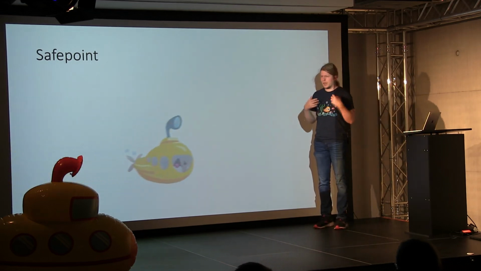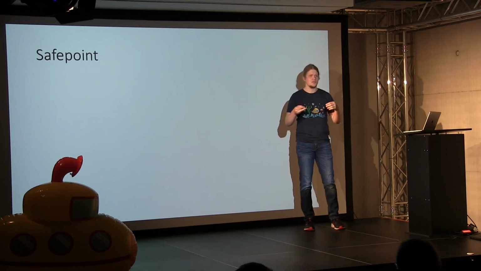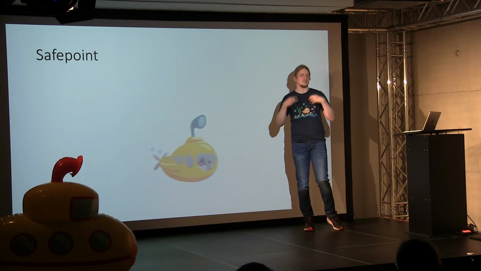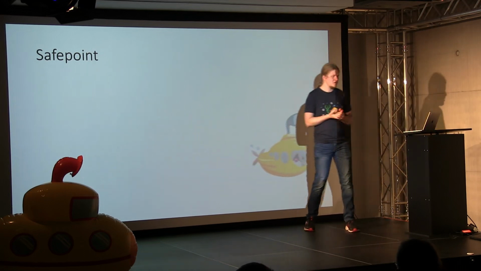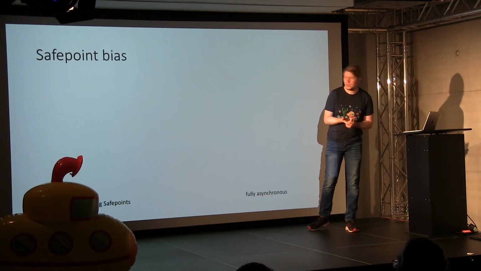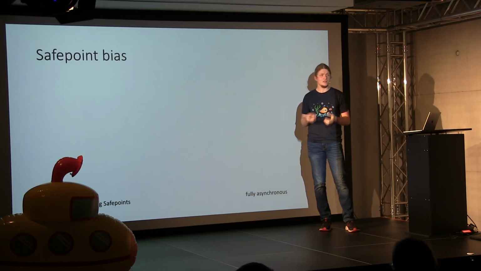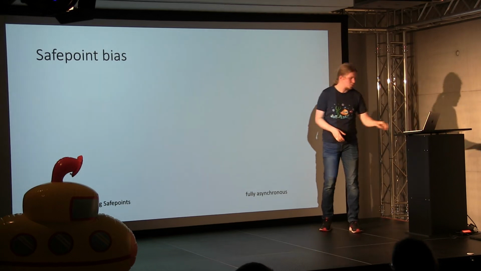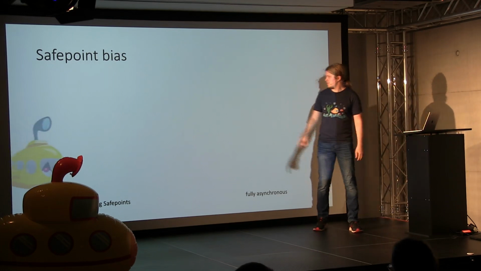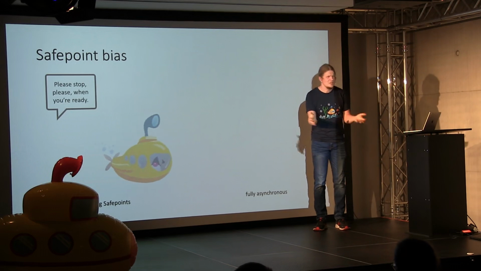One of the main purposes in the JVM is that when you have garbage collections, you want to have the thread in a specific and defined state, for example for garbage collection, JITting, and so on. And you can also use this for getting call traces. So you can get call traces just at such a safepoint. What it looks like with safepoints is that you have your thread here, and you ask it, please stop when you're ready, when you're in a good state.